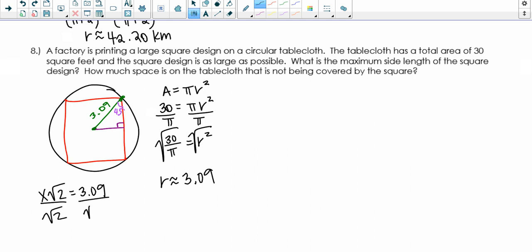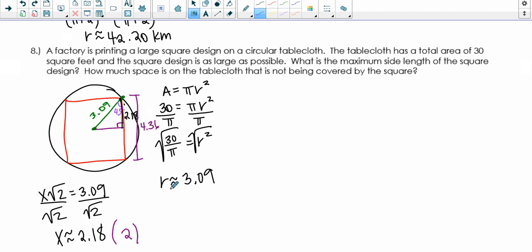And you're going to find that x side to be 3.09 divided by the square root of 2, which is 2.18. So that's this side right here is 2.18. So then we can double it, and the entire side from here to here is 2.18 times 2, which is going to be 4.36.